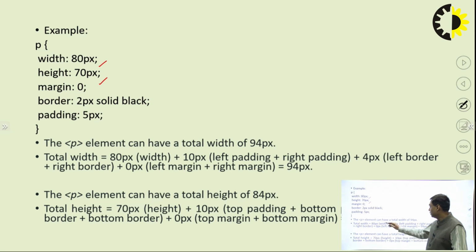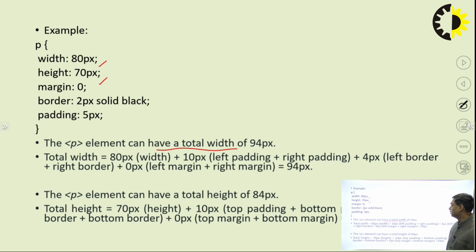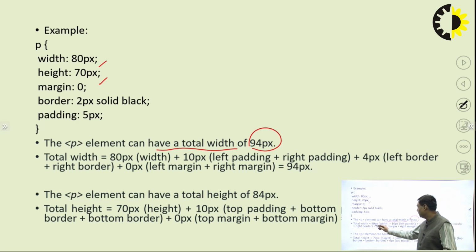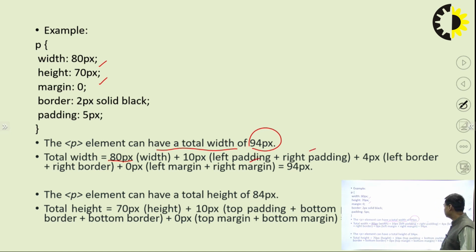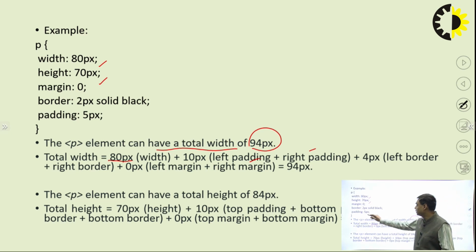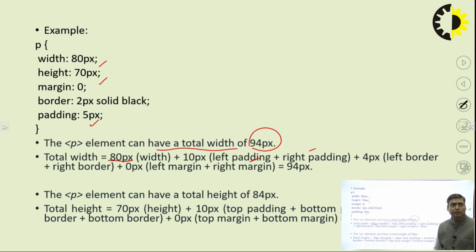Now for this P element we are going to calculate the total width of this box model. It will be 94 pixels. The calculation of this 94 pixels is: the content width is 80 pixels. Now the left padding and right padding are combined, because each padding is only 5 pixels, so combining left and right, it becomes 10 pixels.